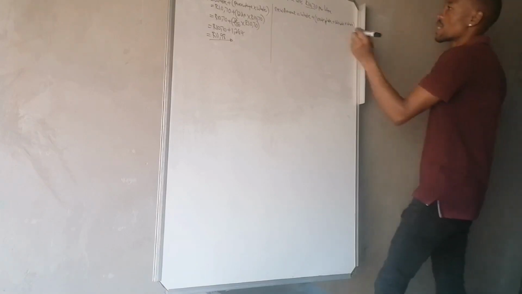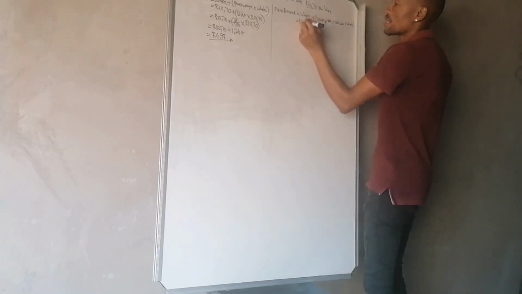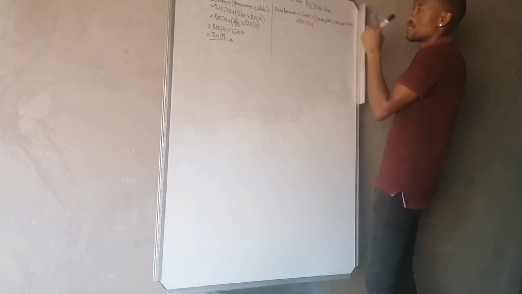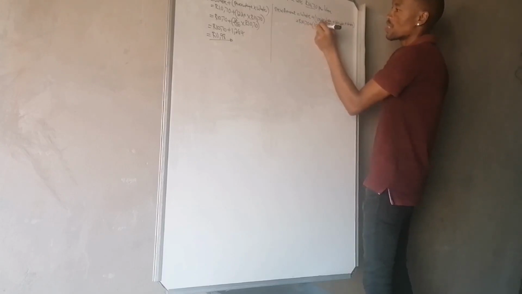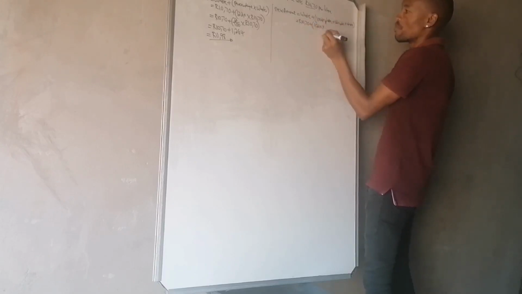So what are we going to get here? The whole, 10 rand 70, is 100%, plus 12% of the whole equals 112% of the whole, and then you are multiplying this by the whole.